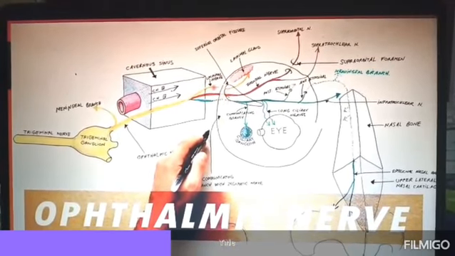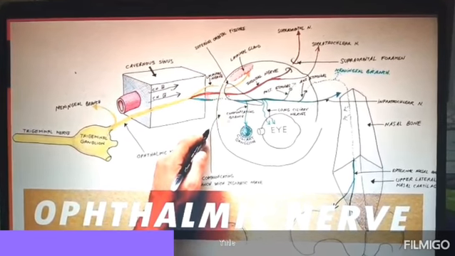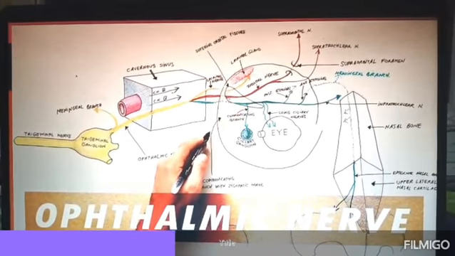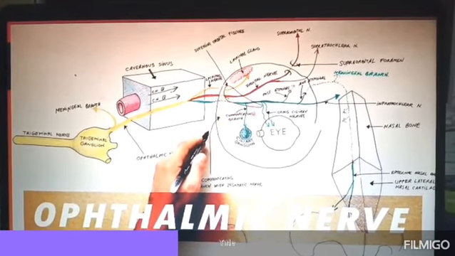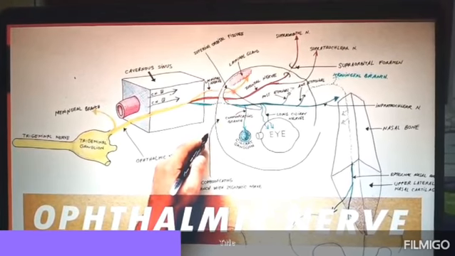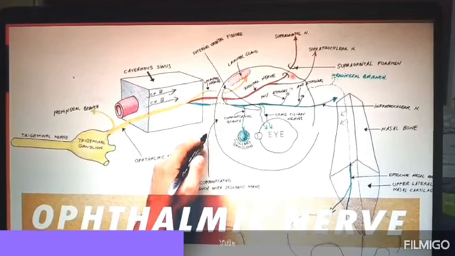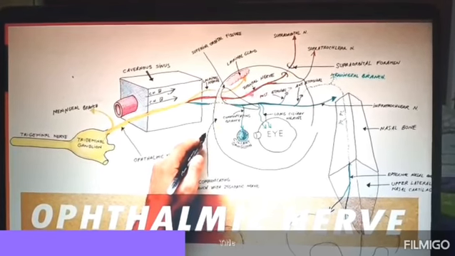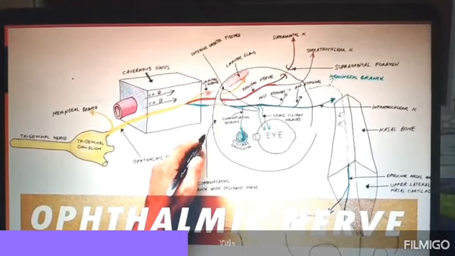The lacrimal, frontal, and nasociliary nerves enter the orbit through the superior orbital fissure. Lacrimal is the smallest, and frontal is the direct continuation of the ophthalmic division and is the largest.